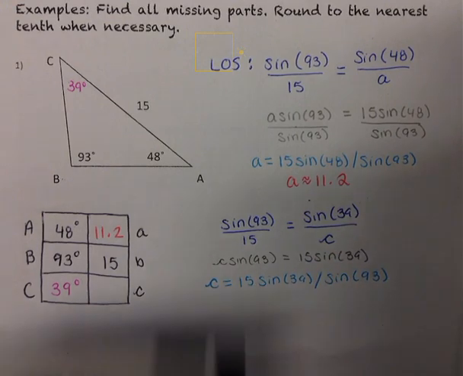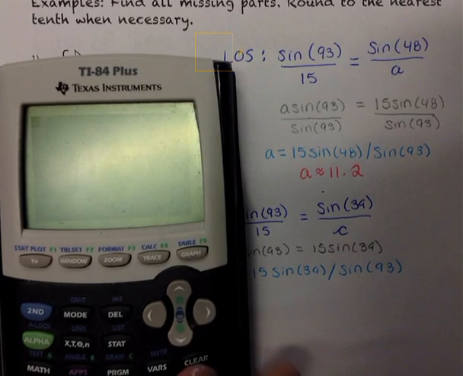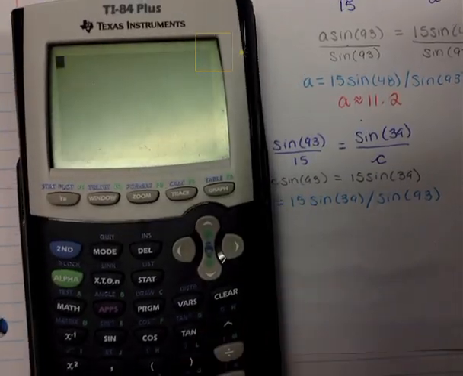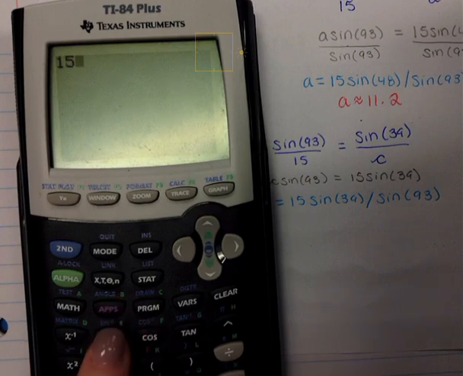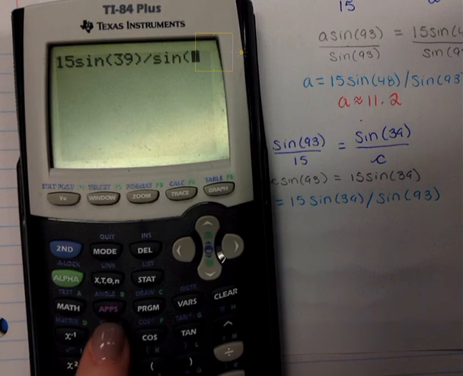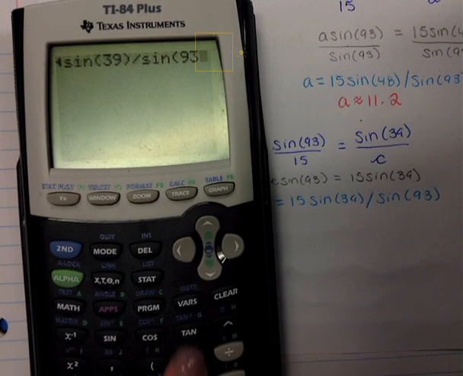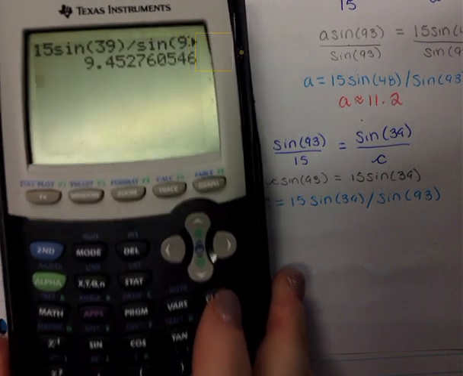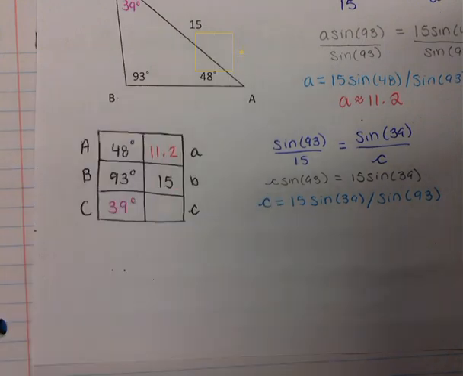So if we go into our calculator, this is still in degree mode because I did not clear my calculator. I'm going to type in 15 sine of 39, close parentheses, divided by sine of 93, close my parentheses. I'll press enter. I'll get 9.5. So c is approximately 9.5.